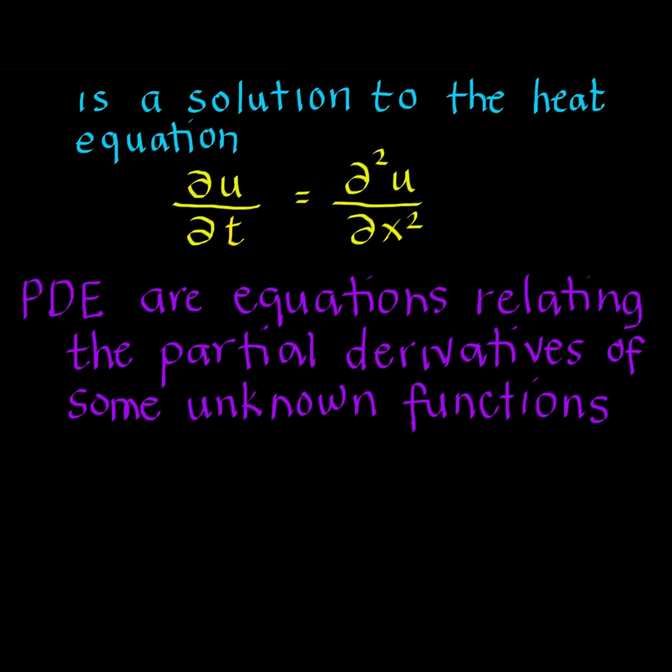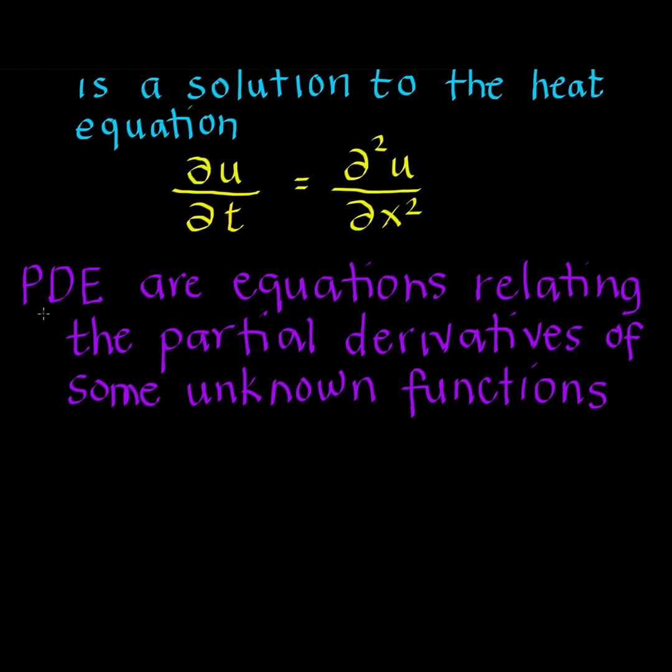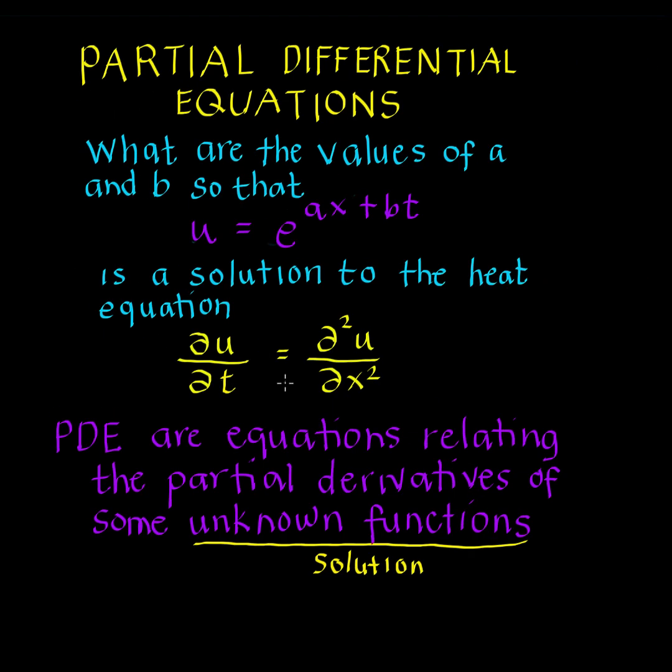Let's begin by noting that when we say partial differential equation, these are equations relating the partial derivatives of some unknown functions. And these unknown functions are the solution to the differential equation. In other words, we have this differential equation, and we are saying that this function u is that unknown function that is the solution to this heat equation.